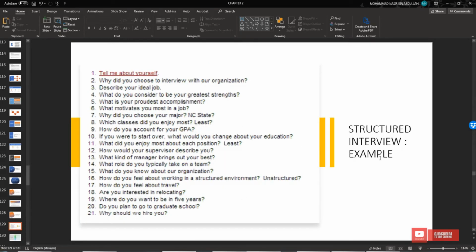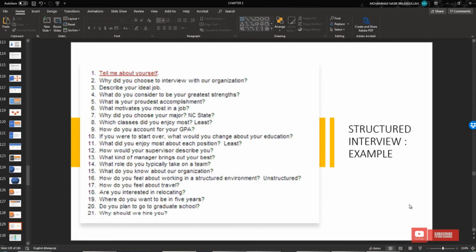So this is some example of a structured interview question. Basically we have a set of predetermined questions. The respondent would be asked the predetermined questions and followed up with unstructured questions, for example, or maybe there are no unstructured questions.